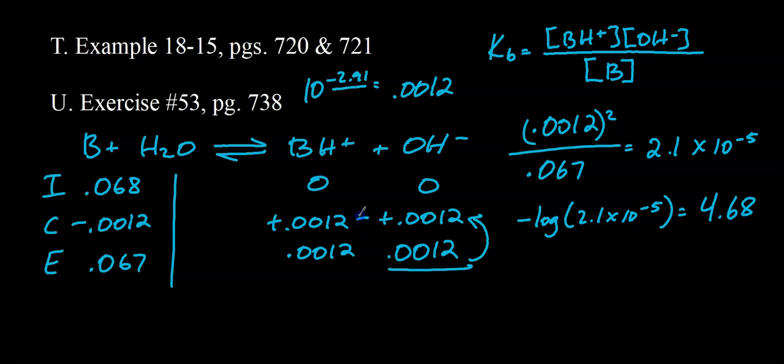Once I have that, I can find the change in concentration of the other ion in solution, and then find how much the base's concentration decreases, and then we get our equilibrium concentrations. Plug those in. We get 2.1 times 10 to the negative fifth for the Kb. The question asks for the pKb, so negative log that, and we'll get our answer, which is 4.68.